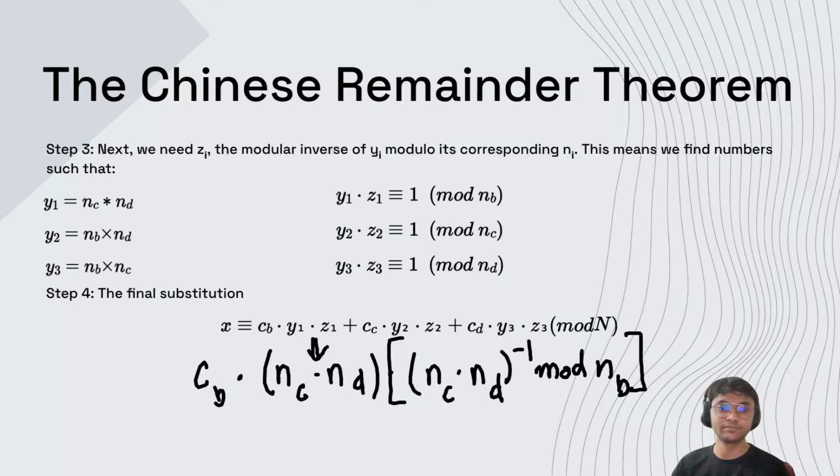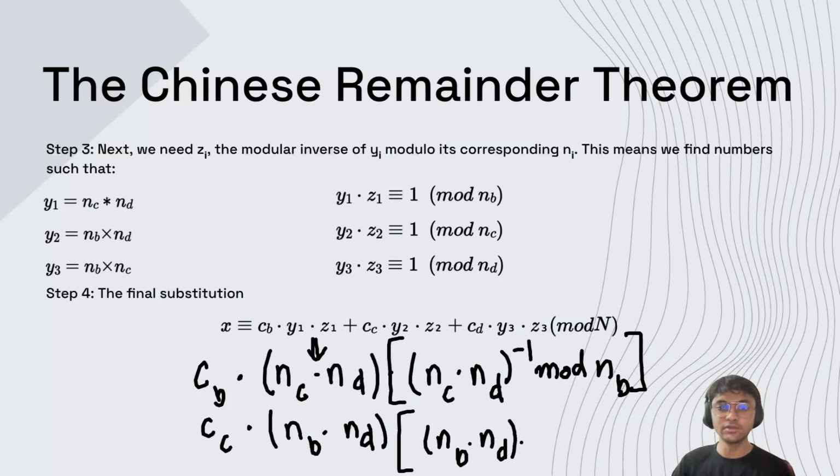That's the first expression. Similarly, the second expression would be C sub C times, we already know the value of Y2 at this point, which is N sub B times N sub D. We already know the value of Z2, which is the inverse of N sub B times N sub D mod N sub C. And while we are at it, let's also do the third component.